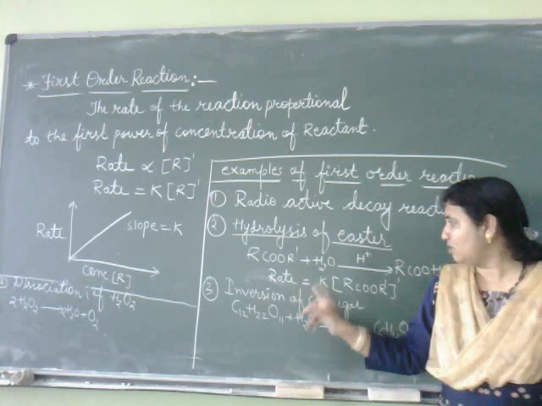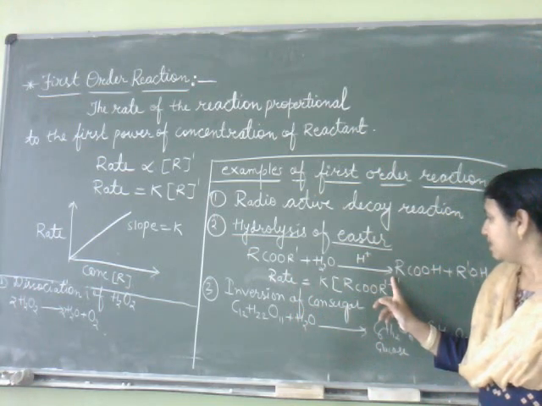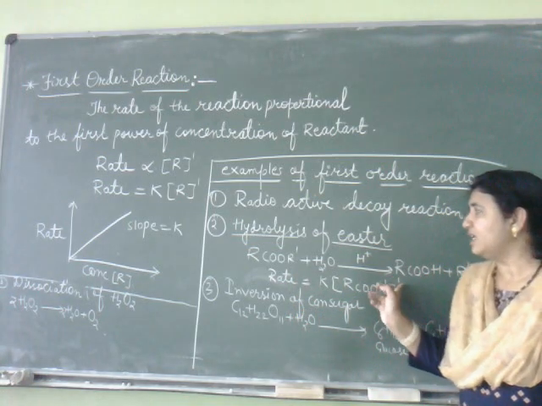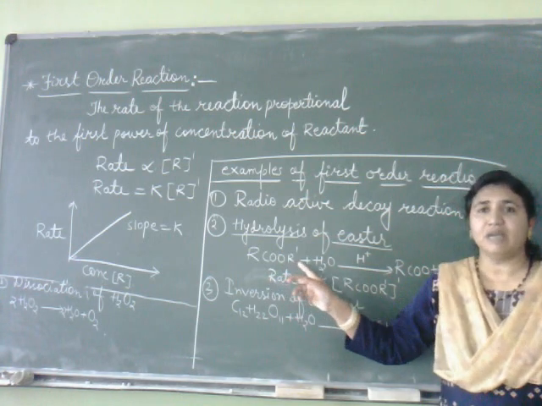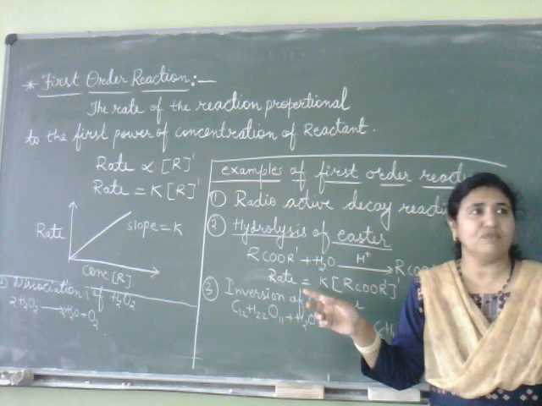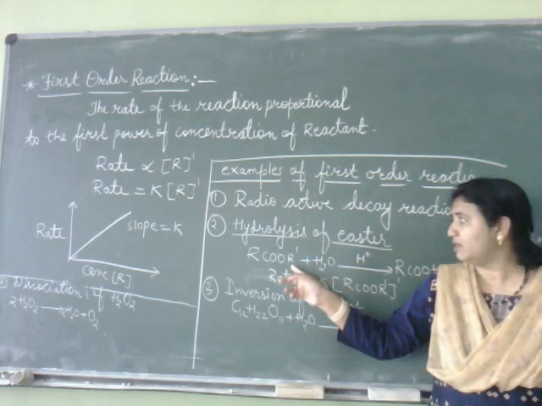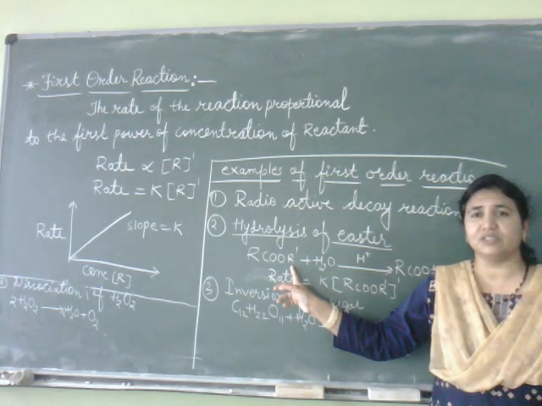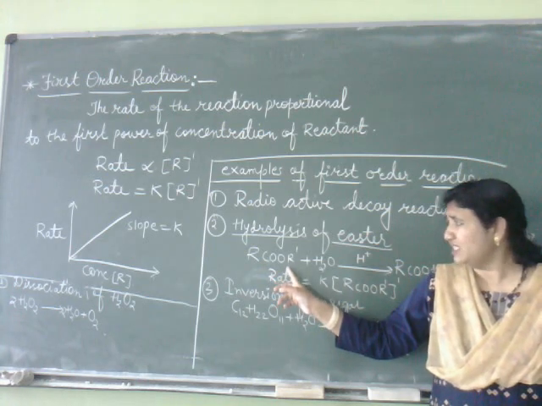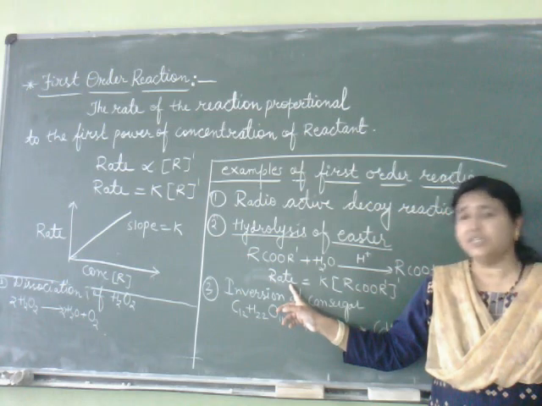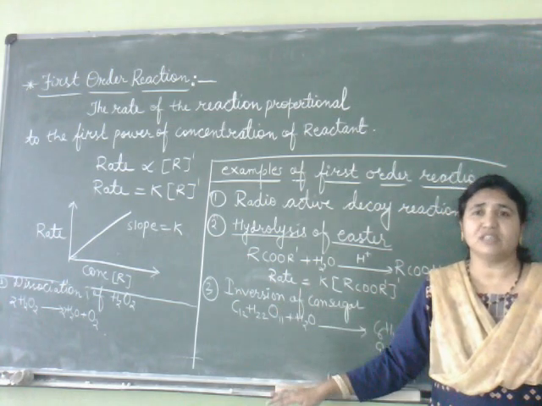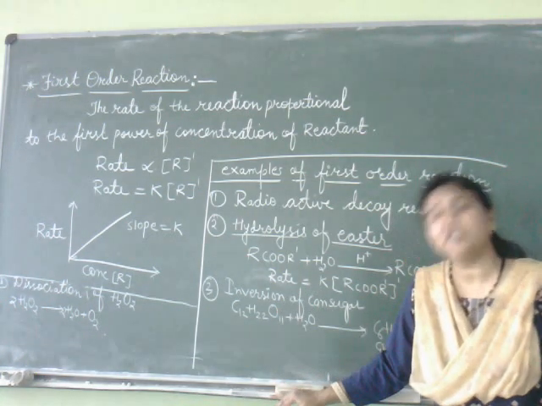Rate is equal to k[RCOOR']^1. This is one type of pseudo molecular reaction. Means here molecularity is 2 but the order is 1. Such reactions are called pseudo first order reactions.